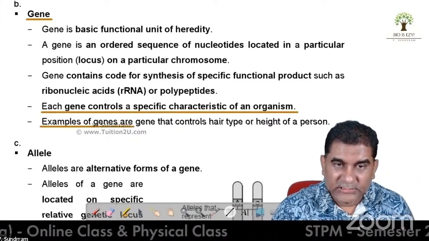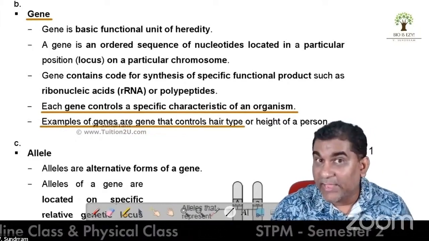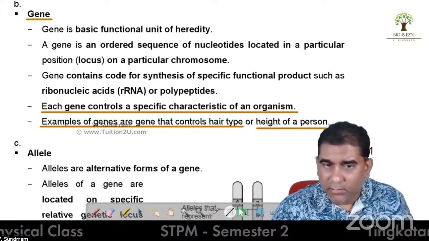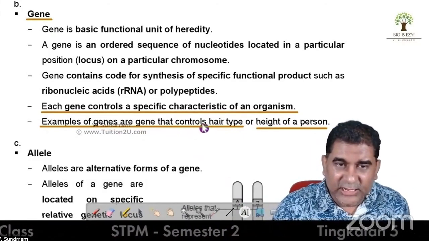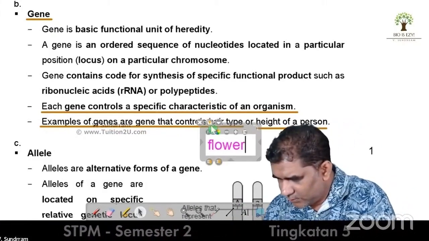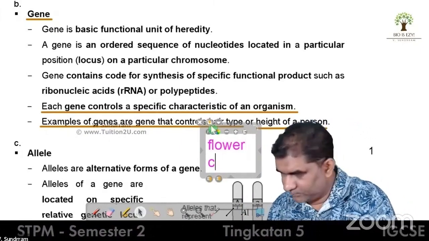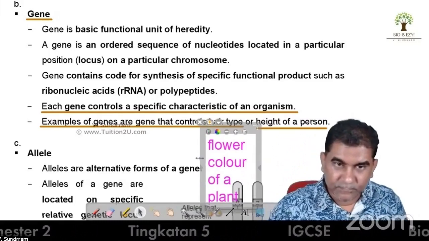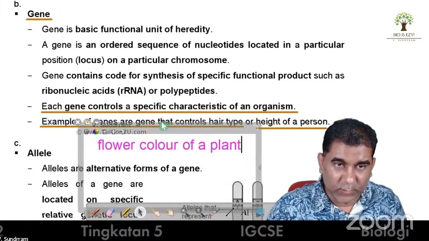Example, gene that controls type of hair for human and height of a human. Or the example I'm giving you, gene that controls flower color of a plant. Gene that controls flower color of a plant.